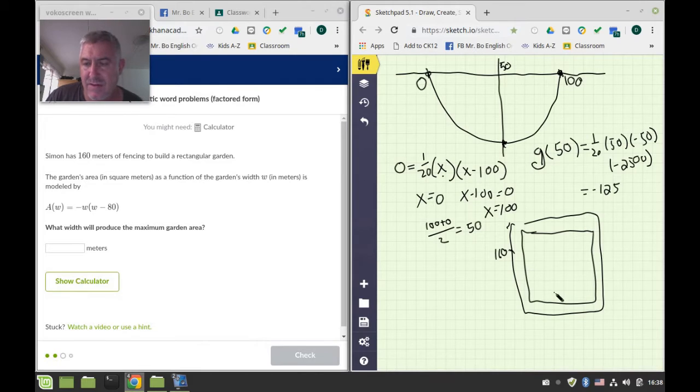And if I have some width here and width here, then I know that these two sides are equal, so this is going to be 80 minus W, but they've done it a little bit differently here.